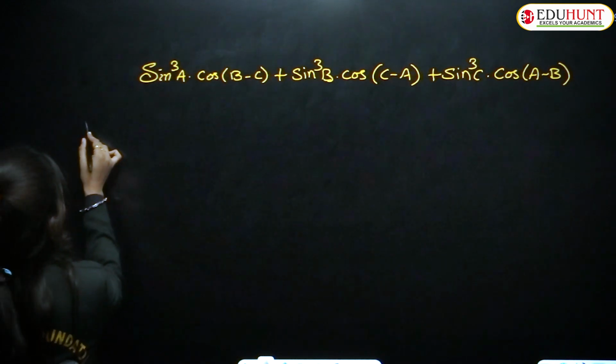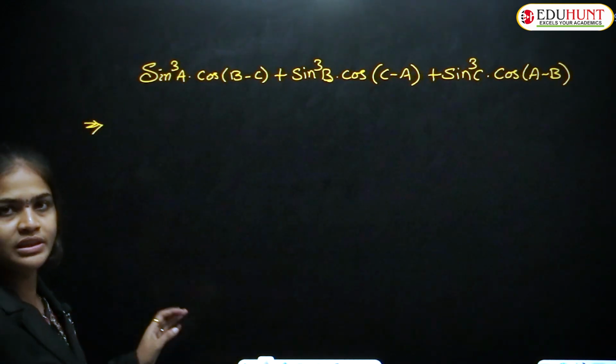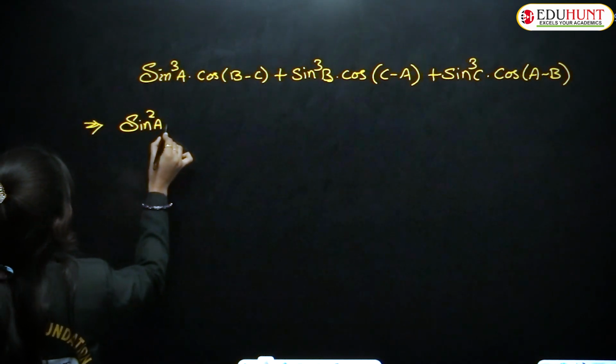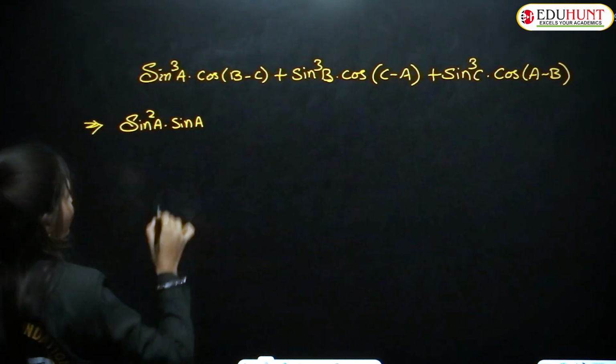So children, see here, first is sin cube A. I want to divide the terms. So this one I want to write as sin square A into sin A. Shall we write like that?